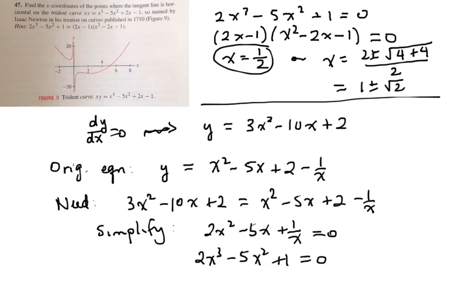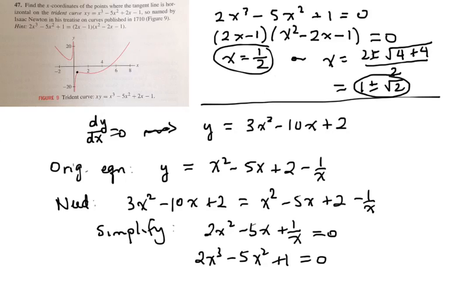So we have these 3 points at 1/2, at 1 plus the square root of 2, and 1 minus the square root of 2. If you look at the graph they actually gave you, it looks like here's a point where the tangent line is horizontal. That looks like the one at 1/2.